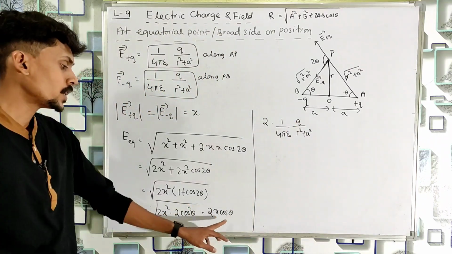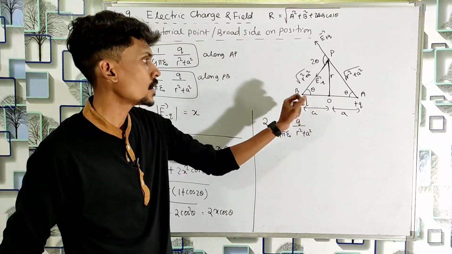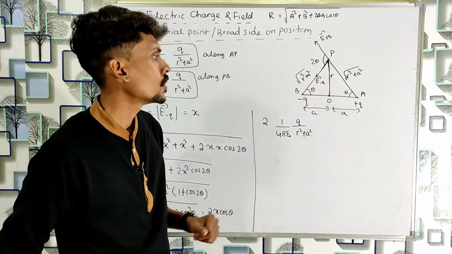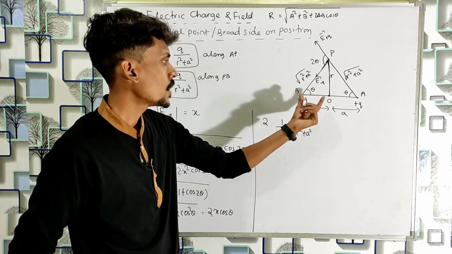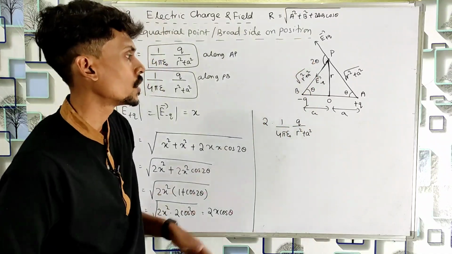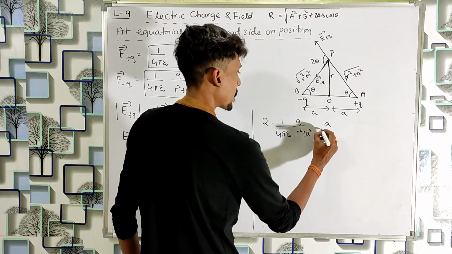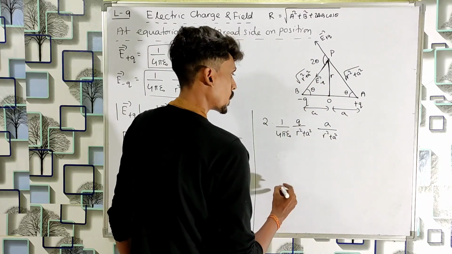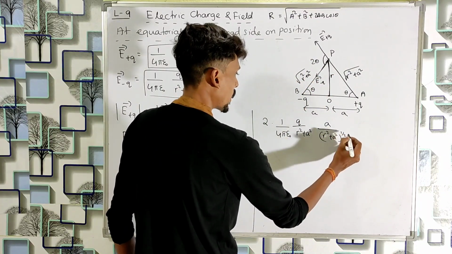And what is cos theta? Look at the triangle BOP or the triangle AOP. Cos theta will be B by H. B is a and H is the square root of r square plus a square, or power half. Square root means power half.